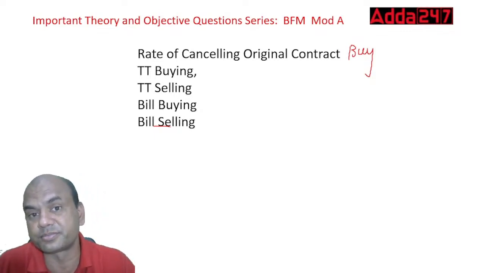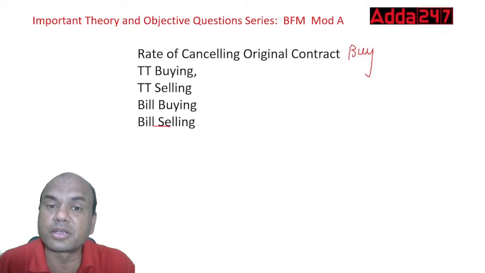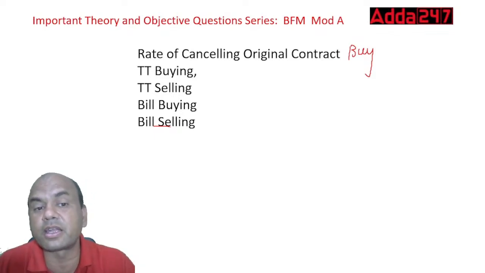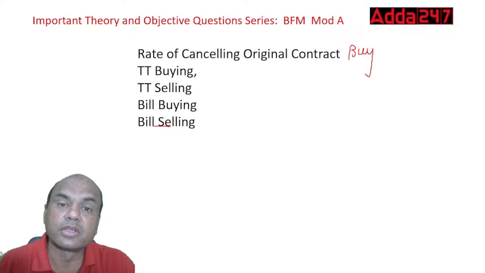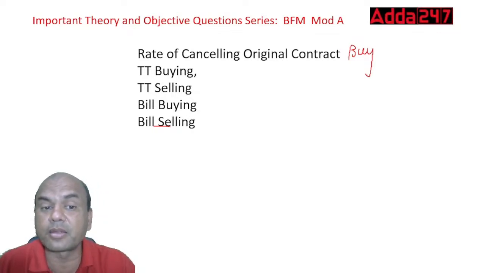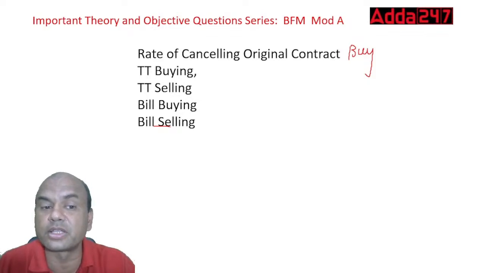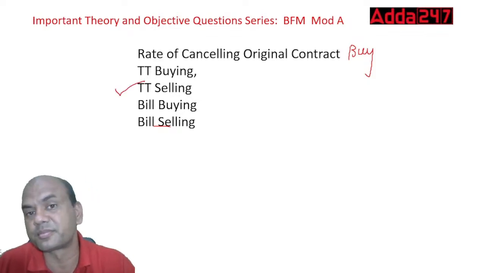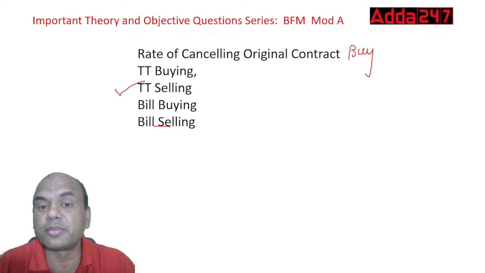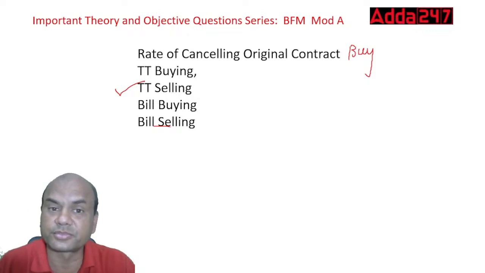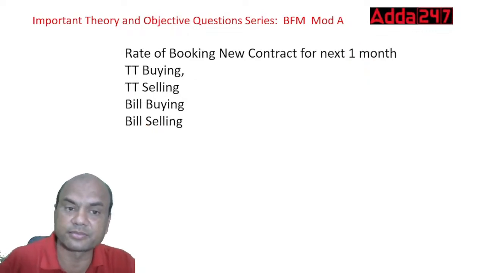If it was a spot transaction, I might have done it at TT buying. If it was a bill transaction, I might have done it at a bill buying rate. But cancelling is always done at the same rate, known as TT selling. Cancelling means reversing that transaction. So that will always be done at TT selling.